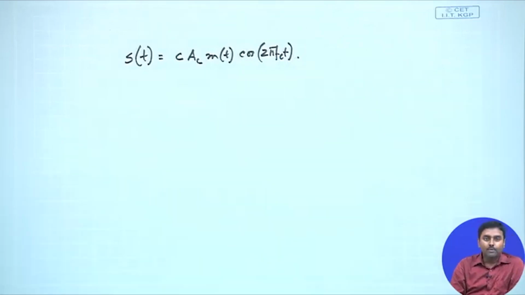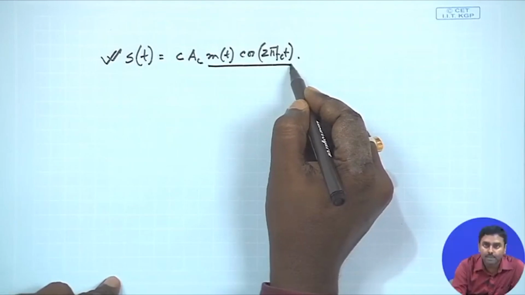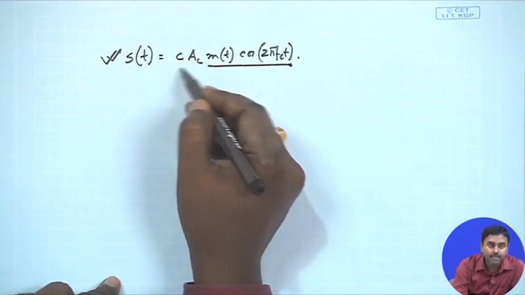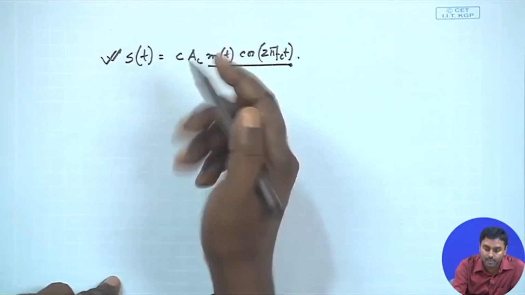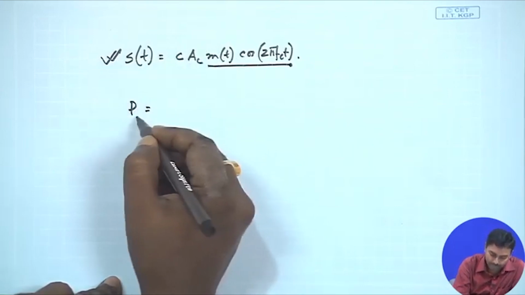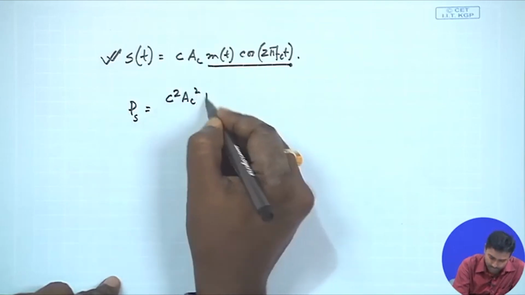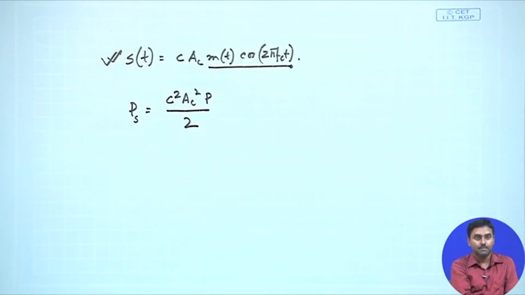Immediately, what will be the power of this signal? Mt cos omega ct must have power P by 2, and because it is power spectral density, it should be the square of this. So, the power PS should be C square AC square P by 2.